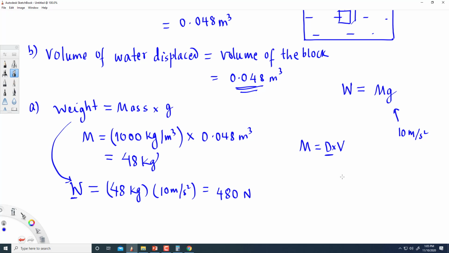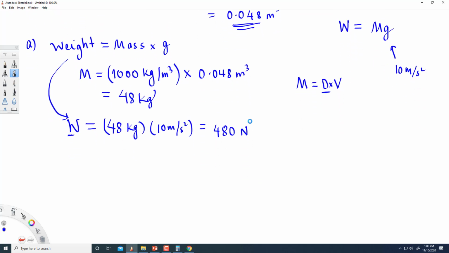Now we have to answer number C also, 4C. So let's look at part C. What is the buoyant force on the block? Buoyant force. So there are two ways to find the buoyant force.